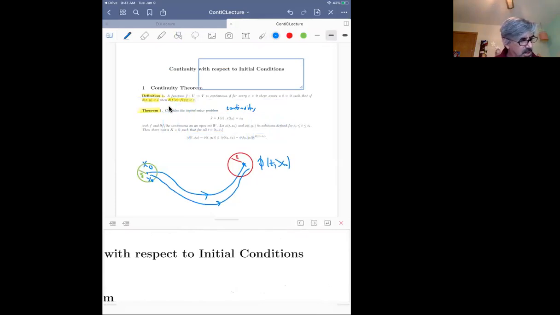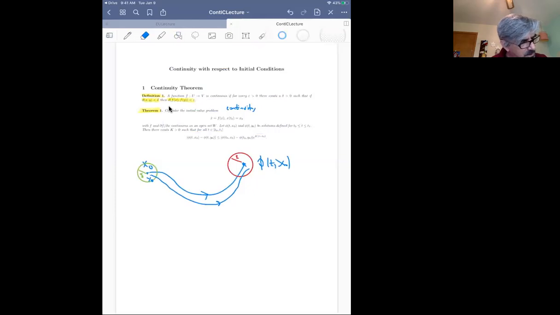Then there exists a k greater than 0 such that for all t in that interval, the distance between phi of t x0 and phi of t y0 is less than or equal to the distance between the initial conditions times e to the k times t minus t0, the time of flow.